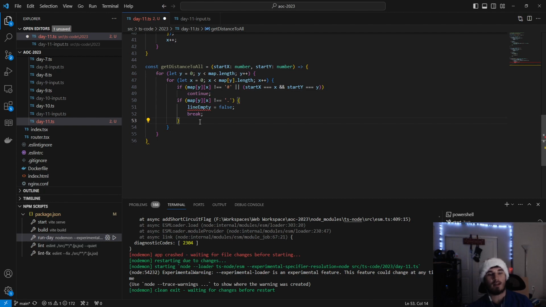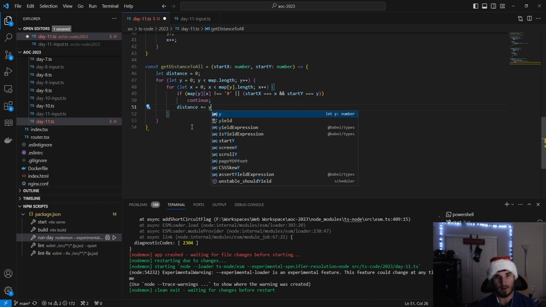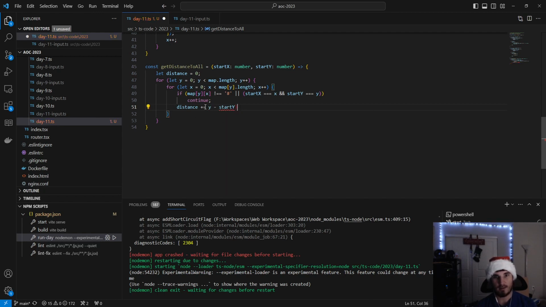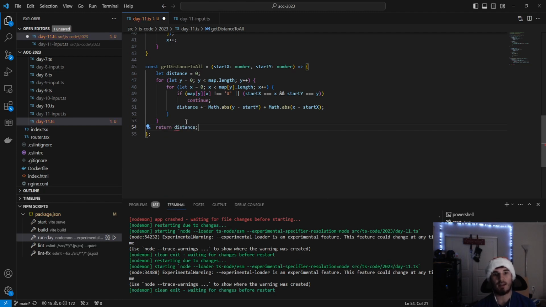And then otherwise, all we need to do is let distance equal 0, distance plus equals y minus start y plus x minus start x. Math dot absolute of both of these, add them together. There's our distance. We can return distance now.